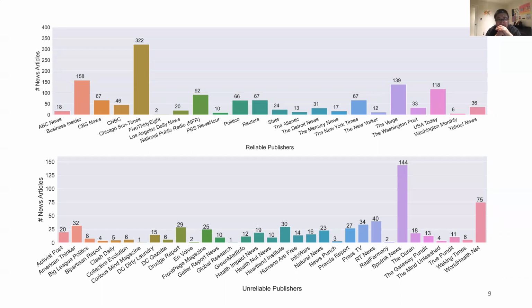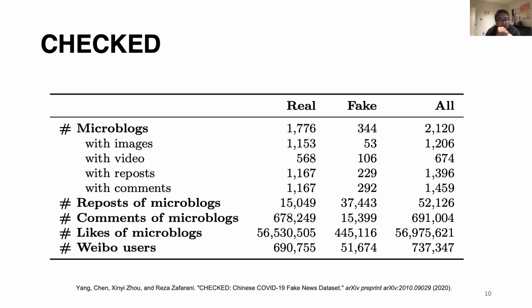They also characterize the publishers as reliable or unreliable, and this is a histogram of both types of publishers and the number of news articles they published. And similarly, the same group of authors have constructed a misinformation news article data set for Chinese news. And this is the summary statistics of that data set.